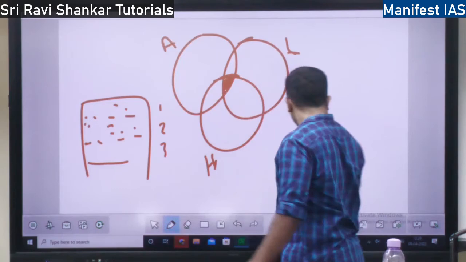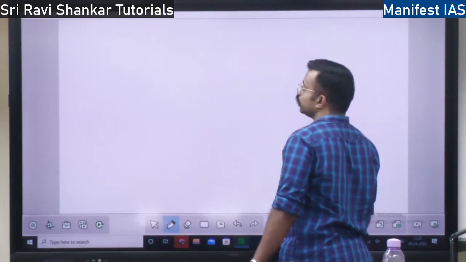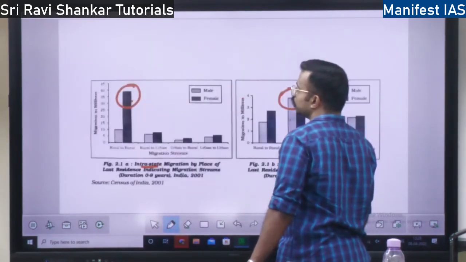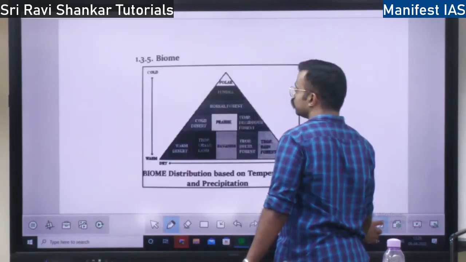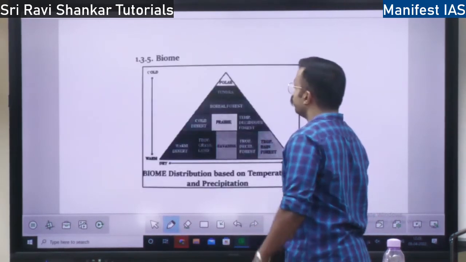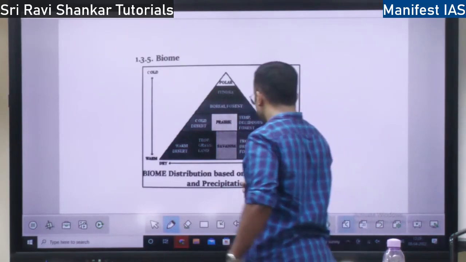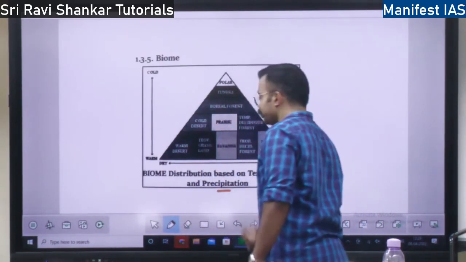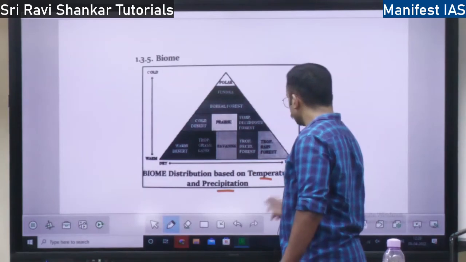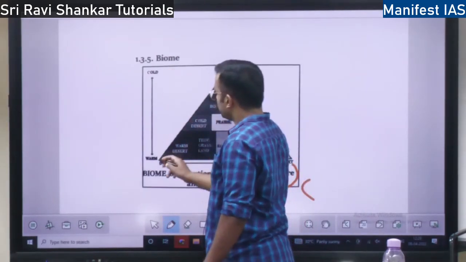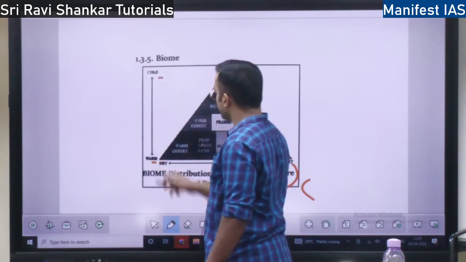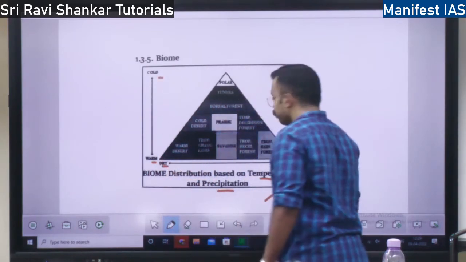So when it comes to biomes, I think I should show you a diagram. Where is that diagram? So, biome distribution based on temperature and precipitation, that is the climate. So you have from dry warmness to coldness, from dryness to wetness.